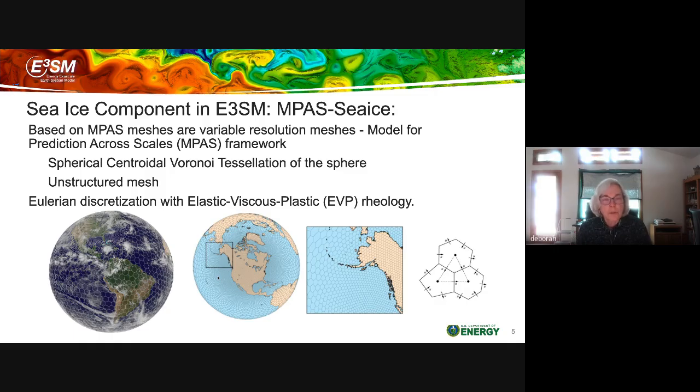And these are unstructured meshes. And the MPAS-SI component in E3SM uses an Eulerian discretization on these polygonal meshes and uses elastic viscous plastic rheology, which is one of the most common rheologies for sea ice. And so that's the starting point for the component in E3SM.